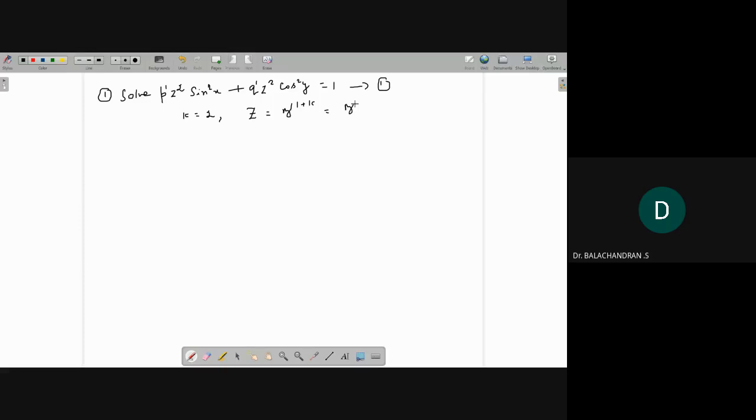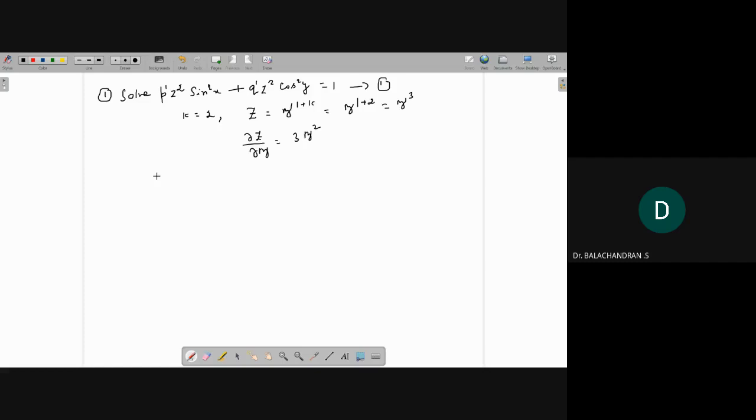So Z power 1 plus K, K is 2. So this is equal to Z power 3. So now to differentiate, you will get dou capital Z by dou small z equal to 3z square.